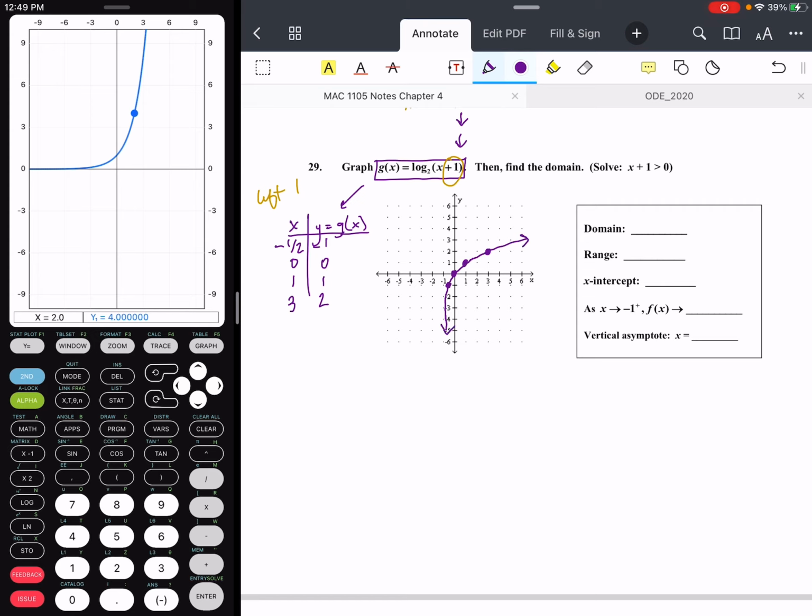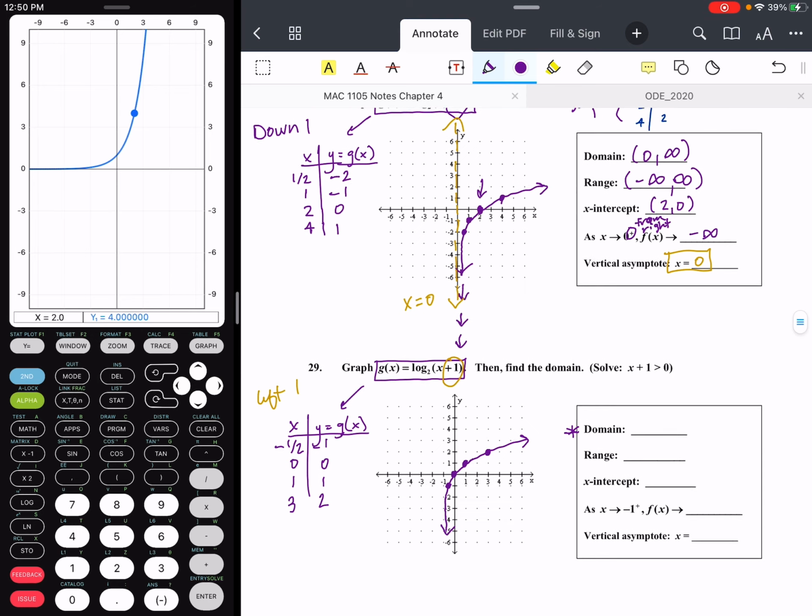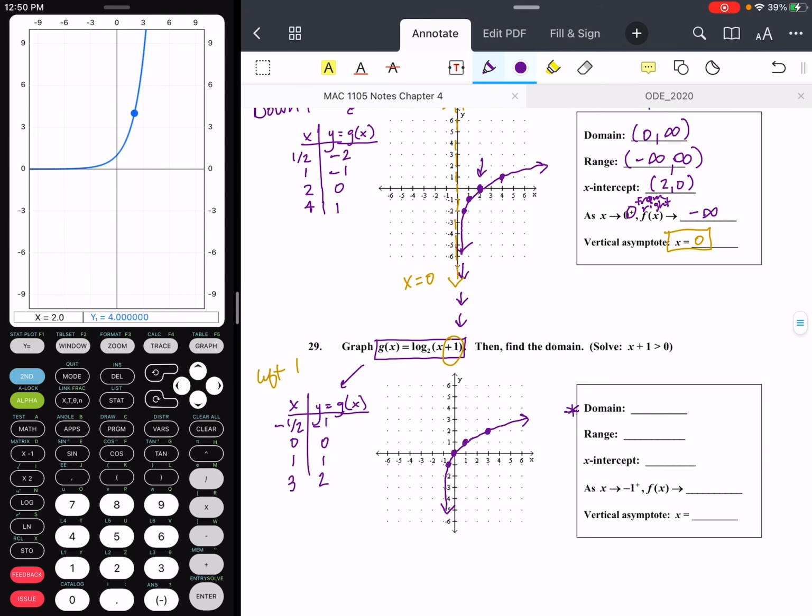All right, so you can see that my domain is actually different than it used to be. In all of these previous log function examples, we've had a domain from 0 to positive infinity, but now we have something different because we shifted our x values to the left one. Since we shifted our graph to the left one, our domain is now going to go from -1 up to infinity. Our range is still negative to positive infinity. Our x-intercept in this graph is now 0, 0.